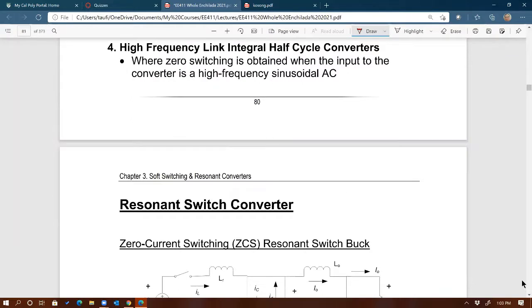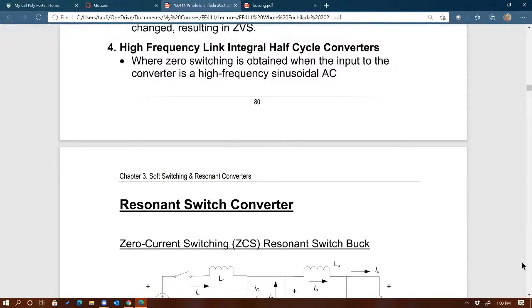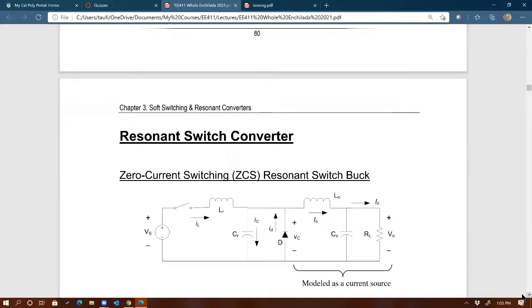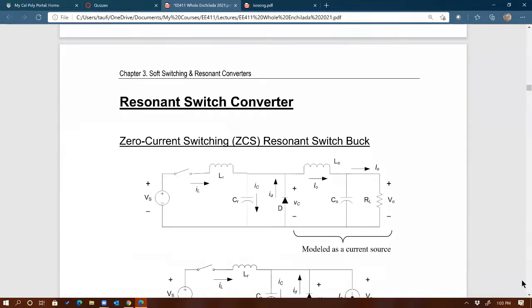And just like buck and boost, right? In EE411, I told you that if you understand buck, then you understand boost, buck-boost, flyback and so on and so forth. Same thing here. If you understand ZCS and ZVS, I'm going to go over ZCS and ZVS. ZCS stands for zero current switching. ZVS stands for zero voltage switching. Both of them will be buck converters.